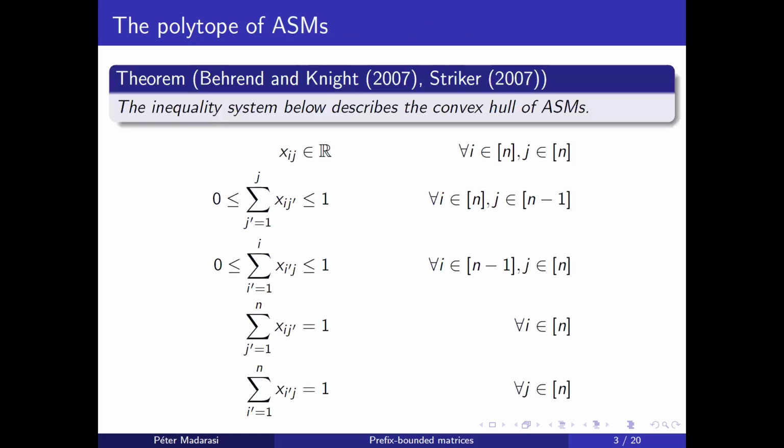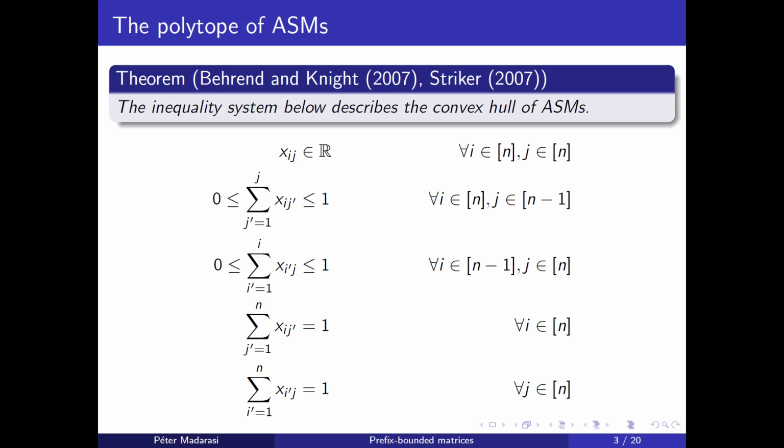And then I can jump straight to the linear program given by Péter and Knight and Slater that describe the polytope of ASMs. Here, the variables x_ij are exactly the same as in Roger's talk, but now you can see this system of linear inequalities in a slightly different form, because here we have both lower and upper bounds, as opposed to the linear program shown by Roger, where we only have lower bound of zeros for all partial sums.